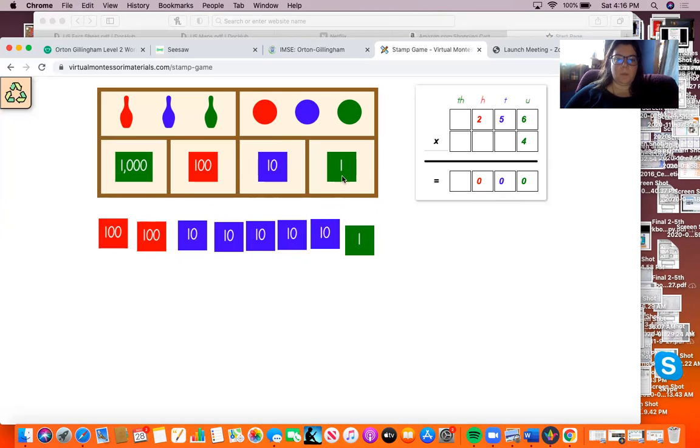250, 2, 3, 4, 5, 6. So it's going to take the longest just to get these out.